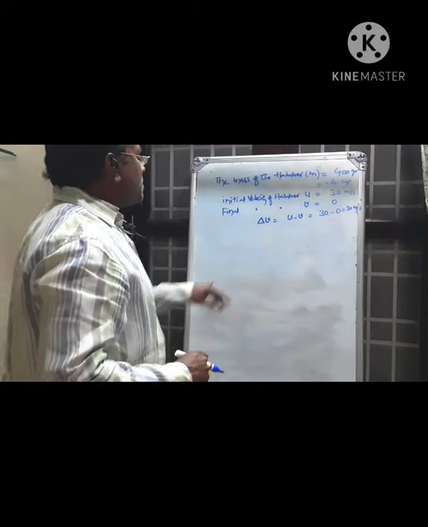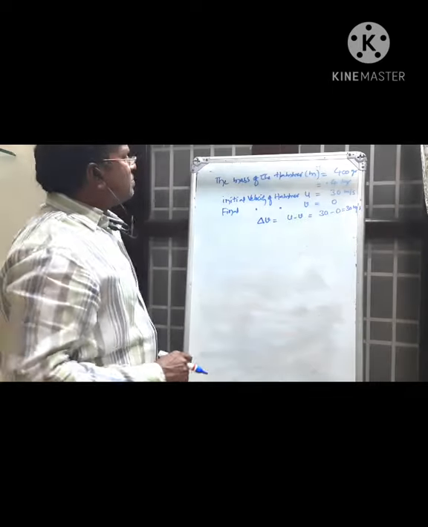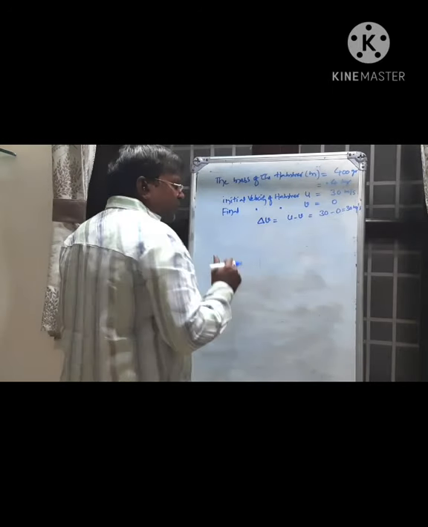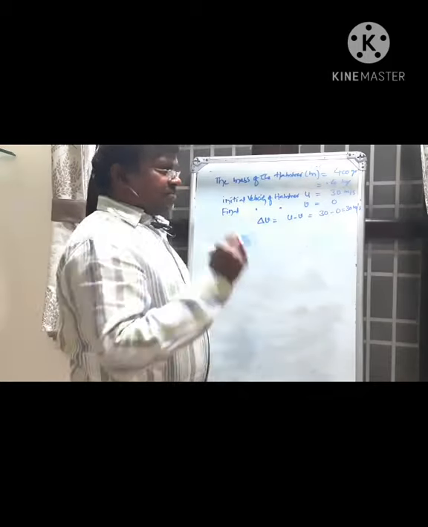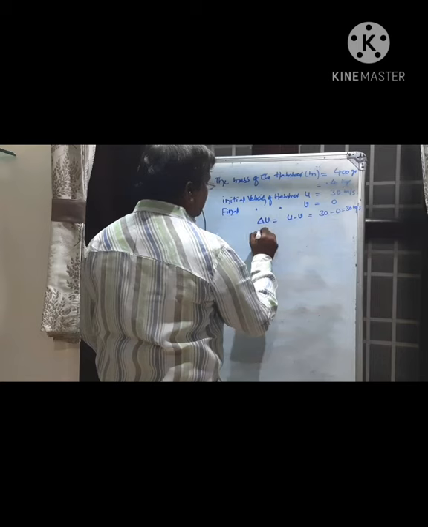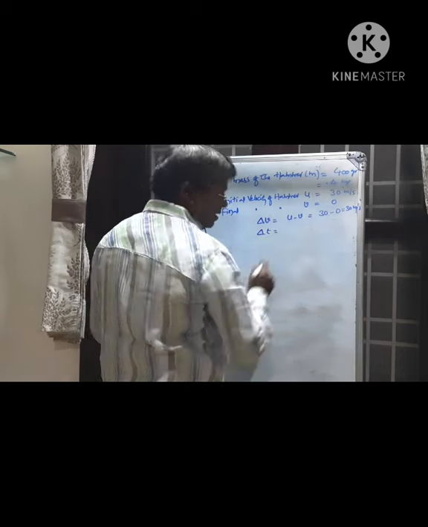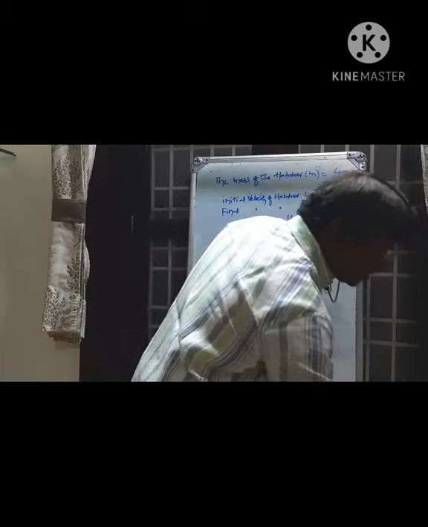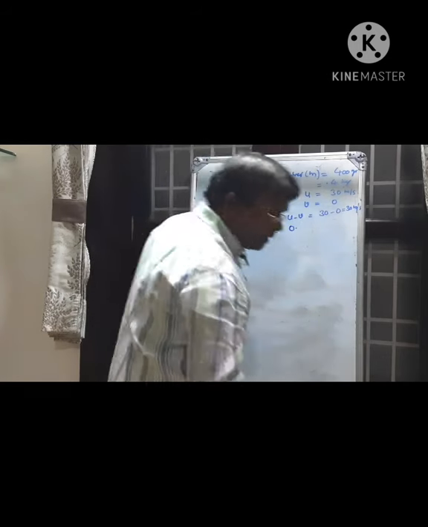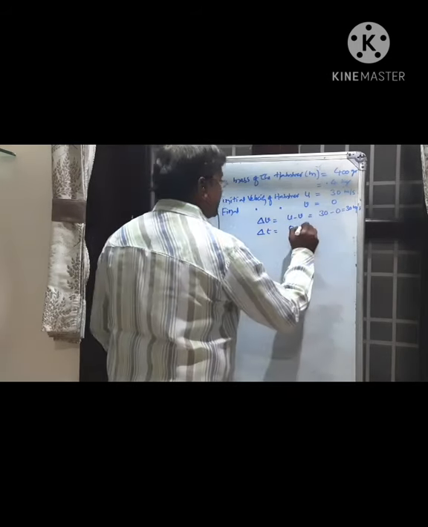That is the change in the velocity. Now the duration of the impact, delta t, is given as 0.1 second.